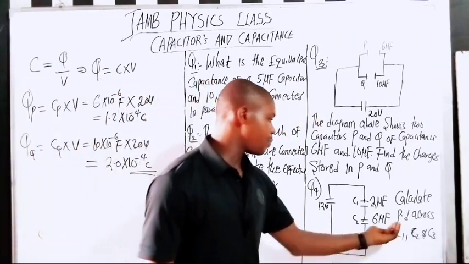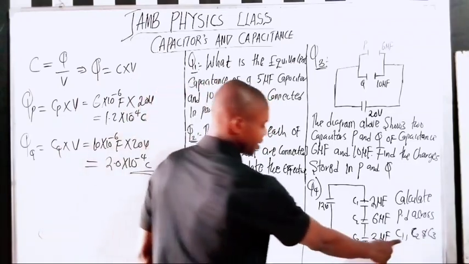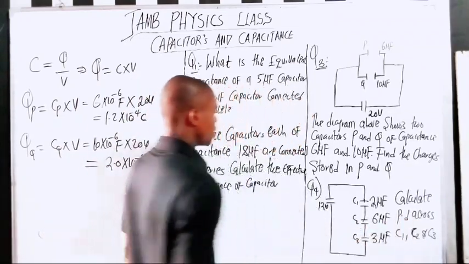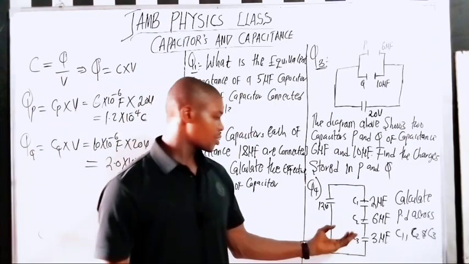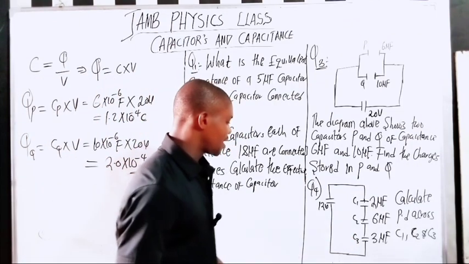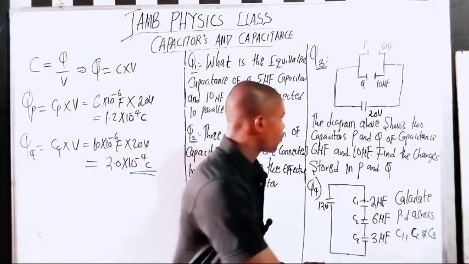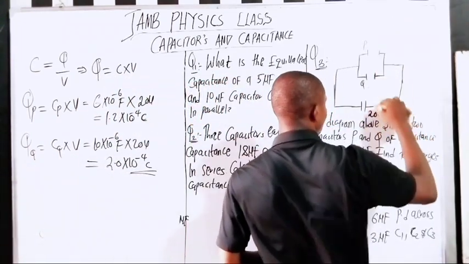So you say calculate the potential difference across C1, C2, and C3. How do you calculate the potential difference across it? That is question 4. But before I go there, let me change one here so that you try some for me.